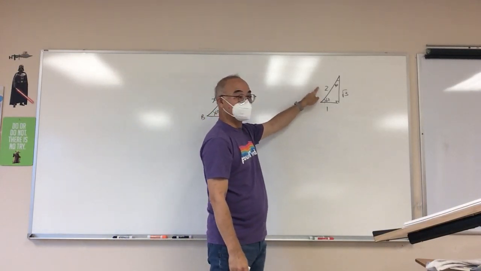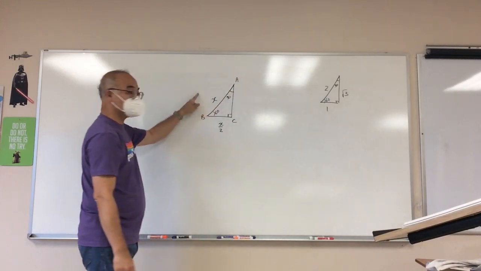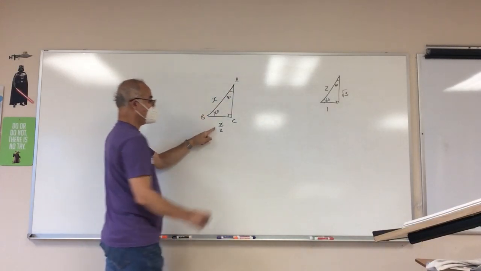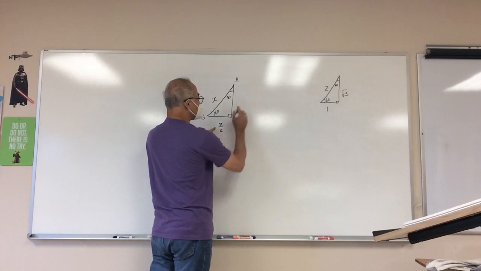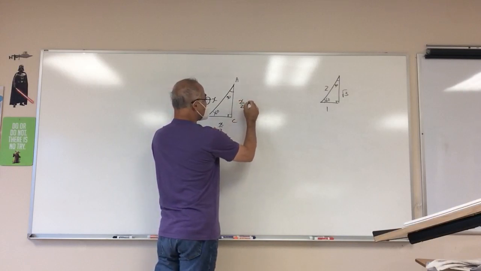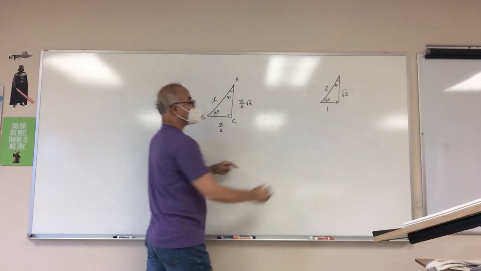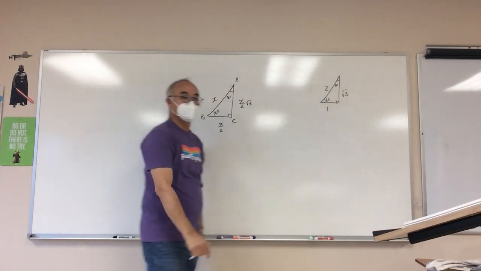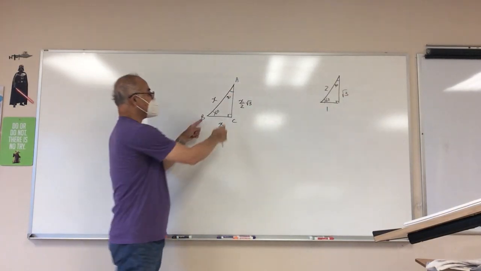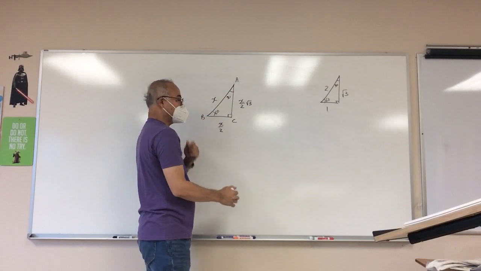And then this is going to be this times root 3, because it's 1 times root 3. So now I know the base and the height.